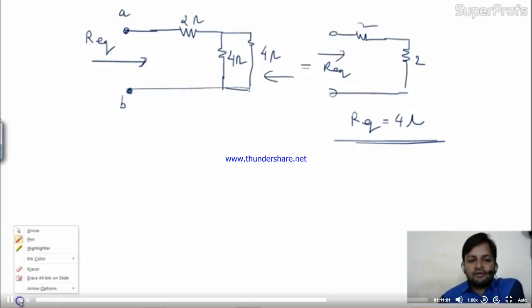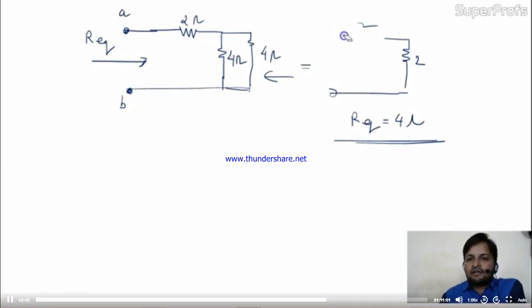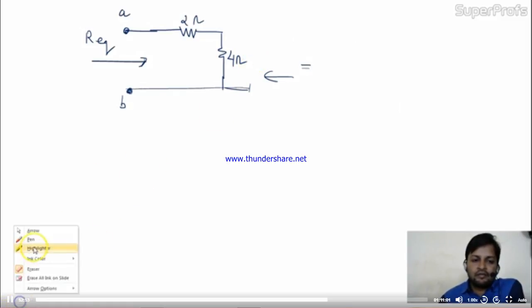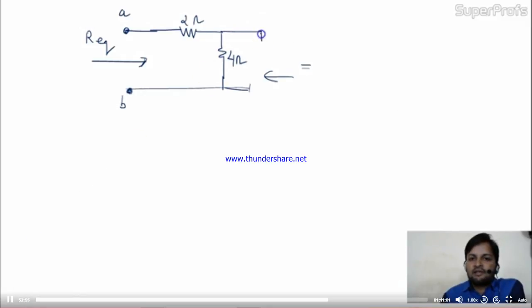But suppose for the same circuit, instead of all resistive elements, we also have an independent battery over here. Here you have 4, and here you have 1 battery also, let's take 50 volt.